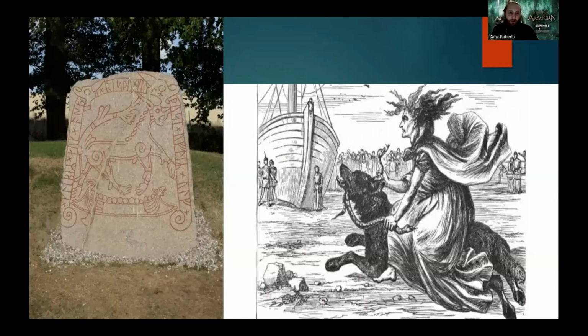You can't tell me otherwise. But he's a giant wolf that supposedly devours the sun, but also what we think are his children, Hati and Skoll, who also devour the sun and moon. They're probably the same thing as Fenrir, however you want to pronounce it.